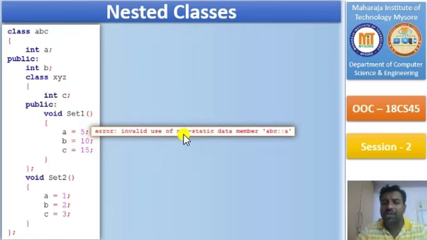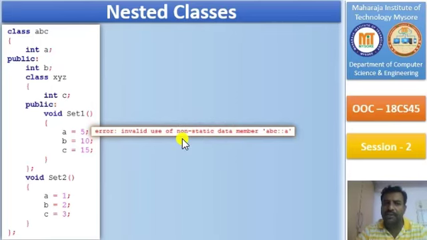If int A was a static data member, then it would have been allowed to access it even inside the nested class. Now this is not a static data member, it is a non-static data member, hence it is not going to allow you to do this.